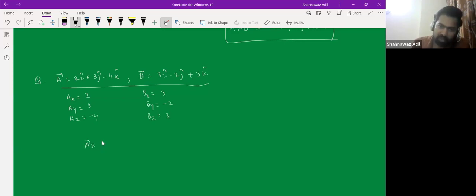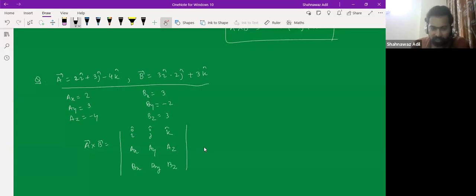So A cross B, we know that that would be the determinant of this matrix, which is written as this one. So there are hats, right? And then we have AX, AY, AZ, and then we have BX, BY, BZ, right?